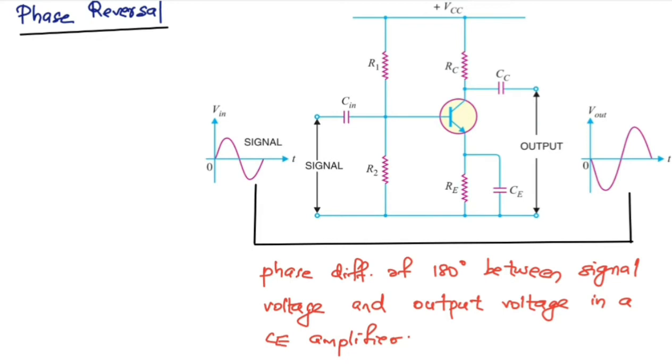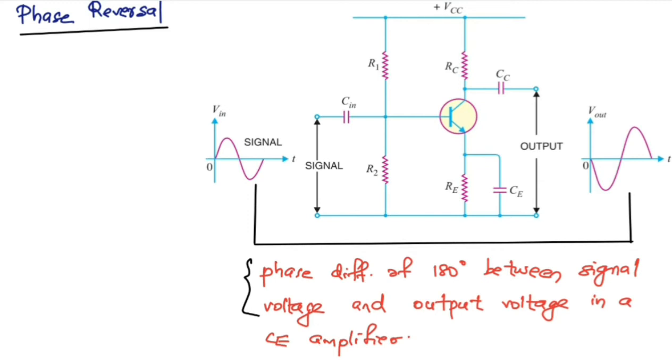A particular feature of the common emitter amplifier is that it shows a 180-degree phase difference between the signal voltage and the output voltage, and this property is known as phase reversal. We learned that we can take the output of a common emitter amplifier in two ways.